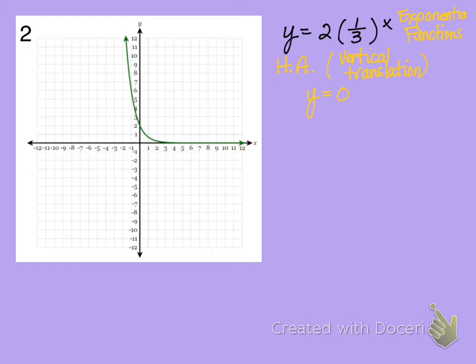Okay, so let's draw that asymptote. So if we look here, here's our y equals 0 asymptote. Our green graph from left to right gets really close to y equals 0, approaches infinitely close, but doesn't ever cross it.